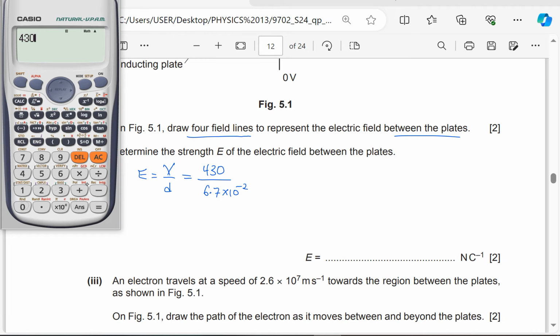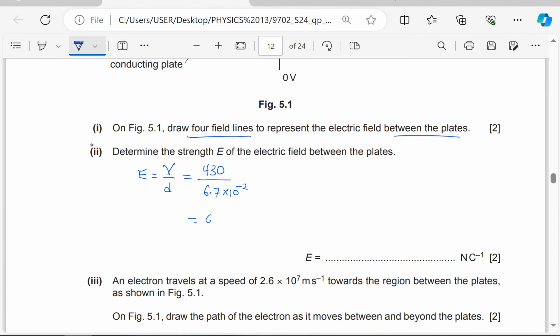So this is going to be 6.4 times 10 to the power of 3.